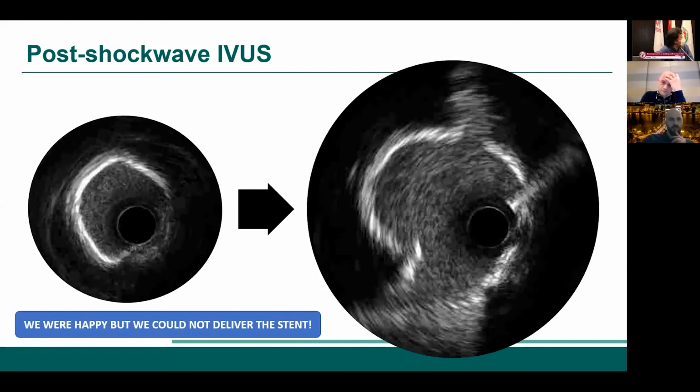We can have a bulky lesion, with the stent hitting it, and rotablation in this case will solve the problem. You answered my comment.